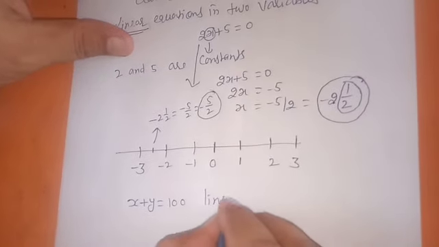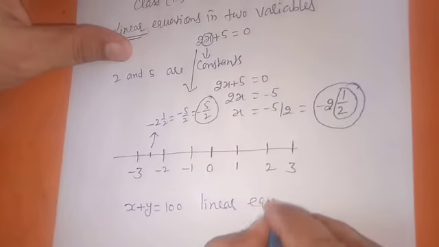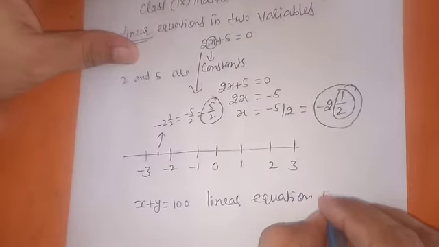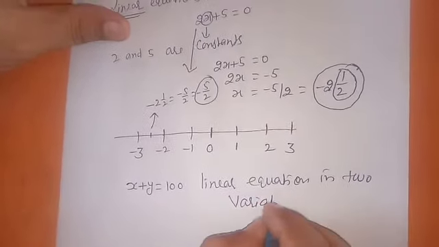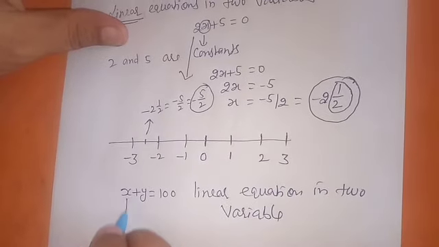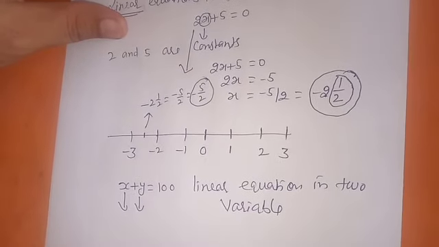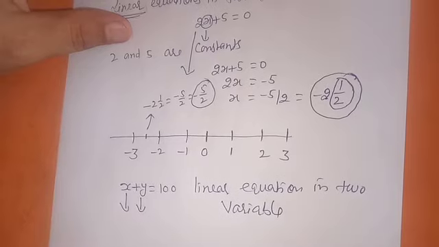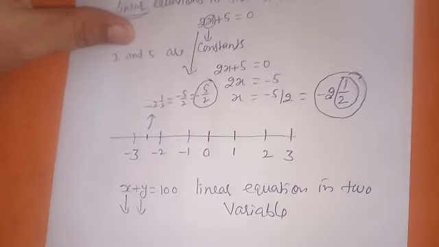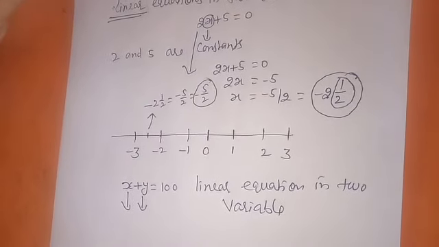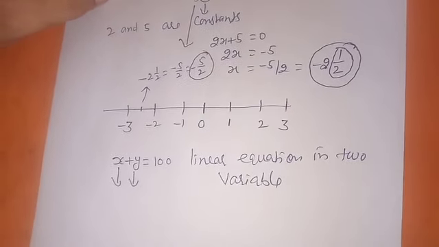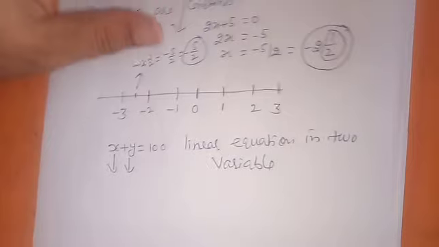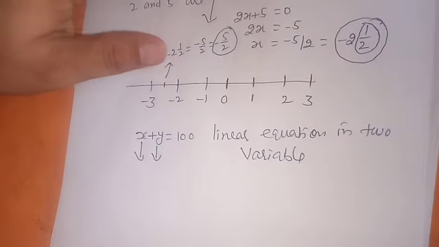This is a linear equation in two variable. Which variable? X is variable, y is variable here. If x increases, y decreases. If x decreases, y increases. So this is called linear equation in two variable.